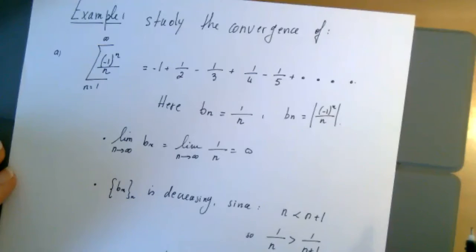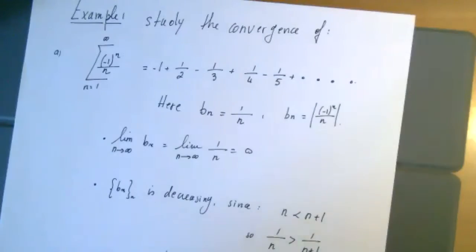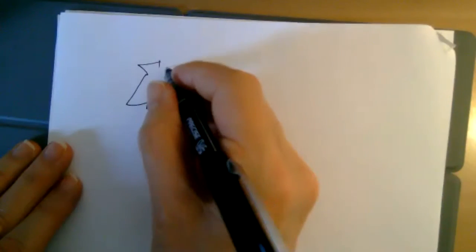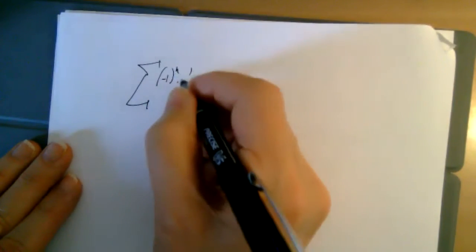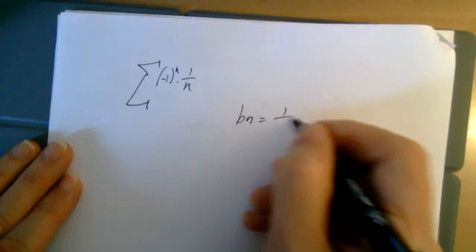And now the question is, does this satisfy both conditions? All right, so everybody, what do you think? Let's see it very easily. We have sigma (-1)^n times 1 over n. So my bn are the 1 over n.